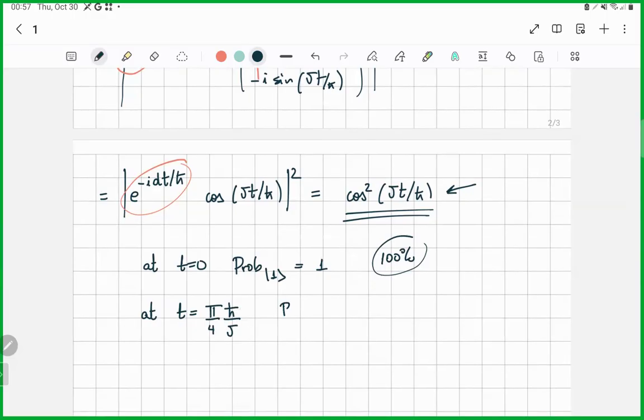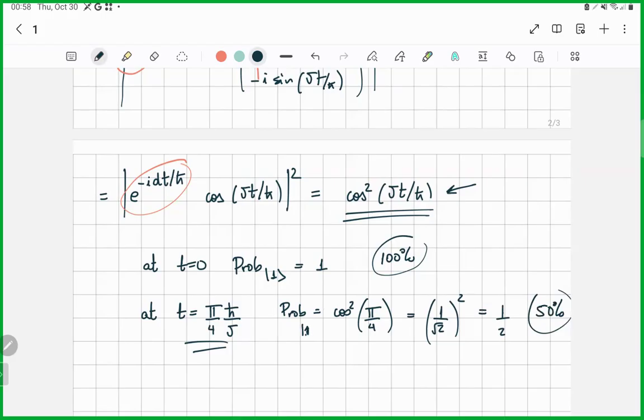Well, then the probability is cosine square of pi over 4. H bar and j cancel. Cosine of pi over 4 is 1 over square root of 2, squared, half. So at this time, we have a 50% chance of finding our system in this state 1.